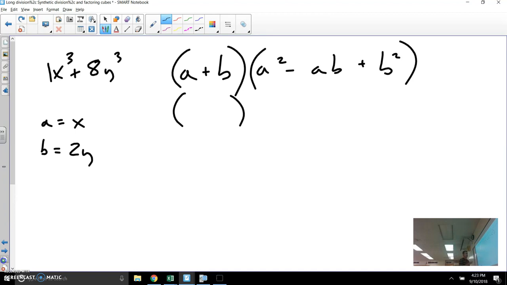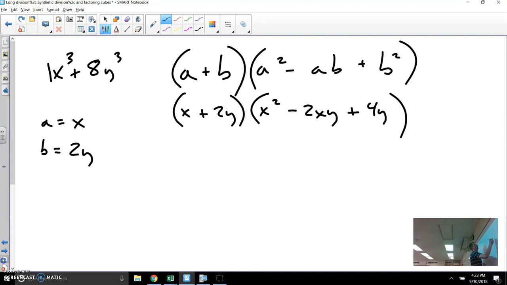A plus b is really x plus 2y. Next is taking the a value and squaring it. So that's x squared. I want to multiply these together, so that's basically 2xy. And then the last one is if I squared this, 2y times 2y, that would be positive 4y squared.